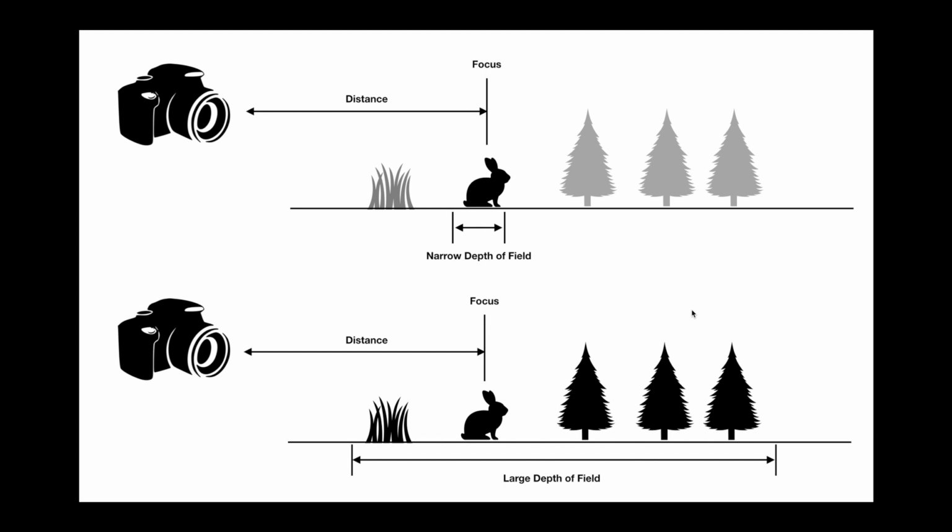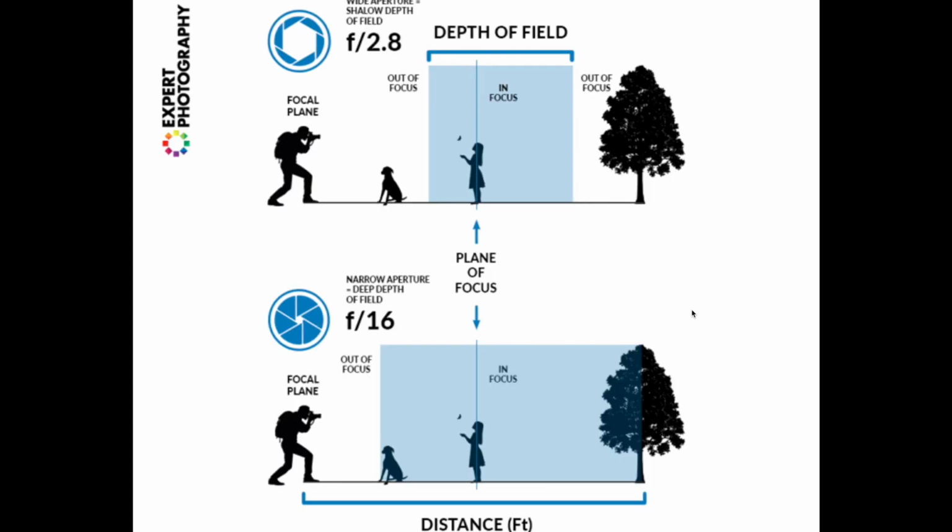And once again, for shallow depth of field, we have just one item usually in focus. For deep depth of field, or in the diagram they call this large depth of field, most items are in focus. So comparing this from expert photography, at f2.8, we only have the little girl and the butterfly in focus. Compare that to f16, we have the dog, the girl and the butterfly, and part of the tree in focus.